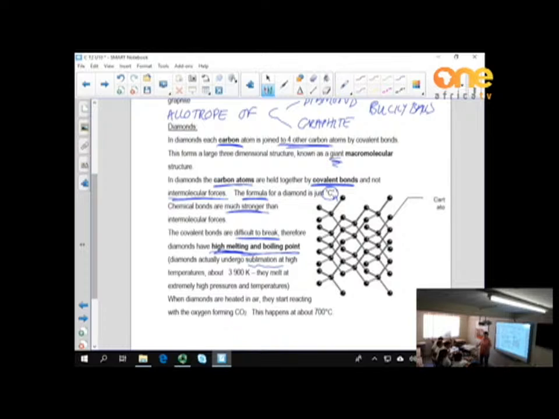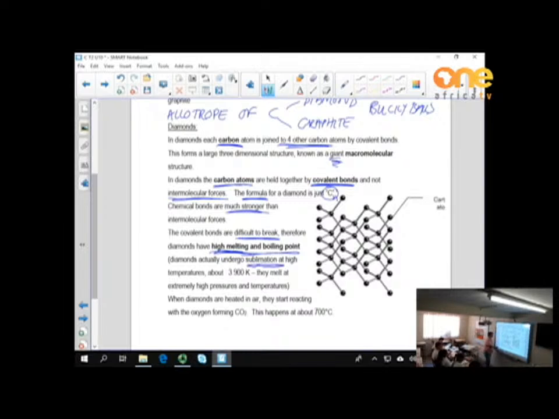If there is no oxygen available, the carbons will maybe break apart and form carbon in the gaseous state. But they very easily condense, and if they condense just under normal atmospheric pressure, it will form soot. The black stuff, if something burns, is carbon. Okay, so diamonds undergo sublimation at very high temperatures, about 3,900.